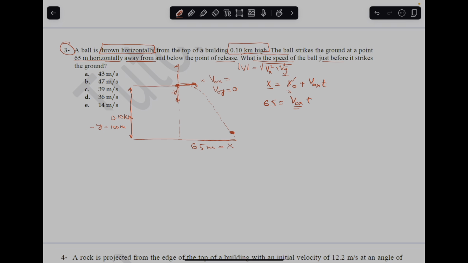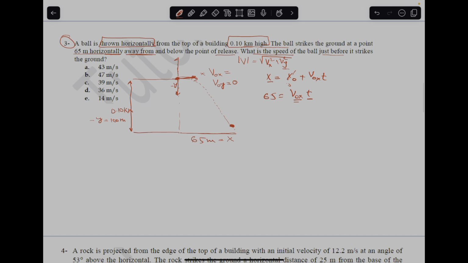We don't have v naught of x or t right now. If we know t, we can find v naught of x, the x component of the velocity.